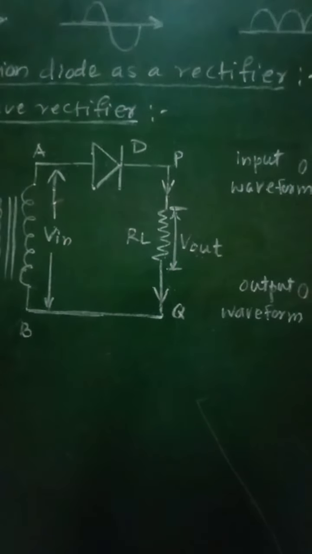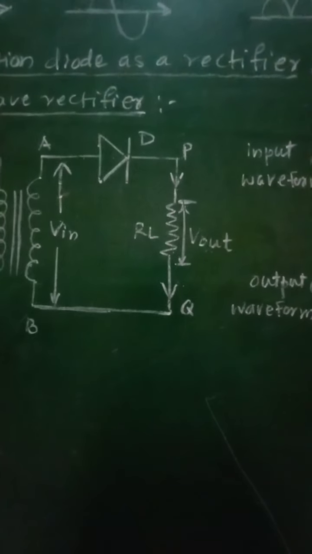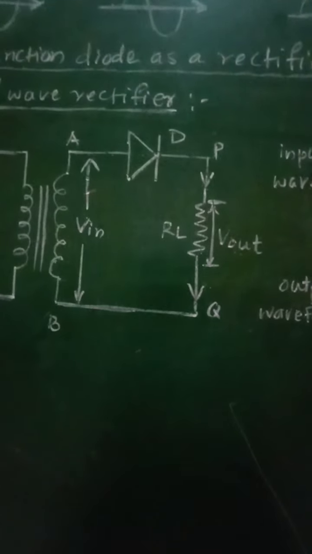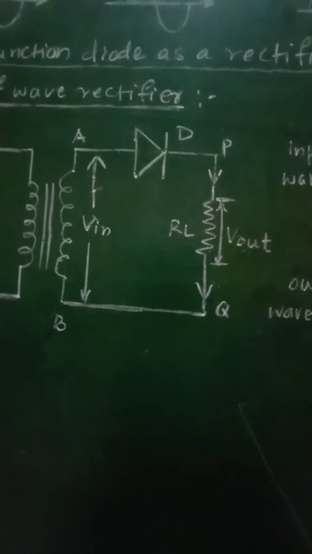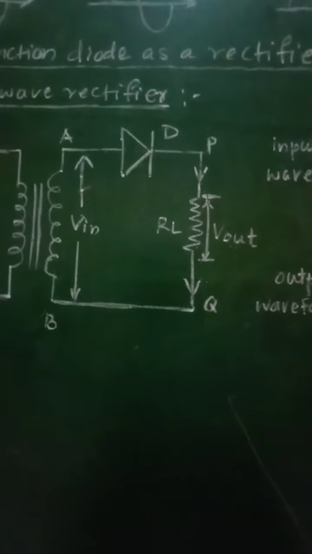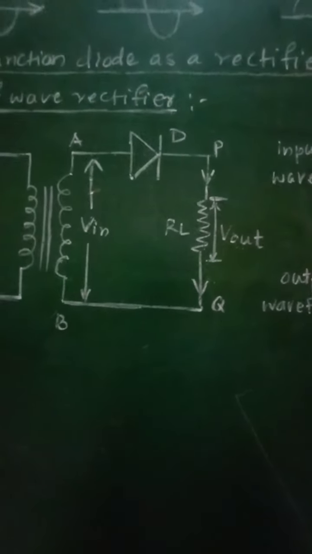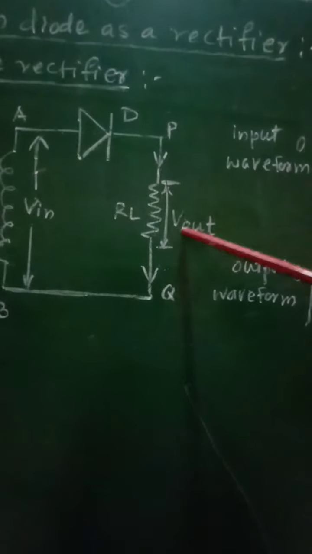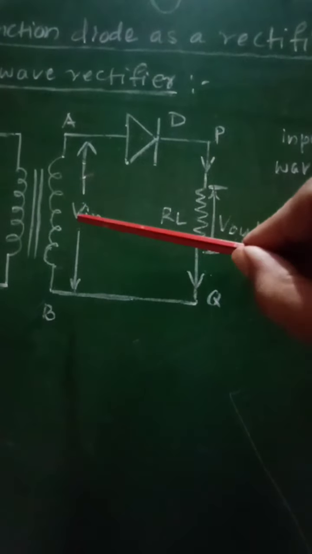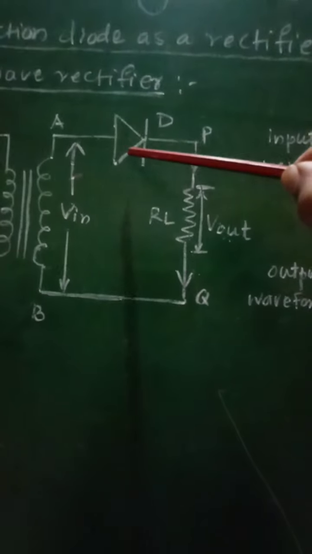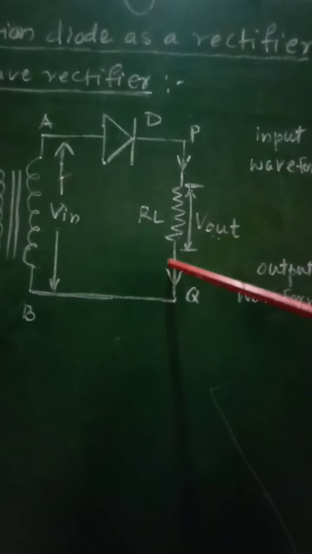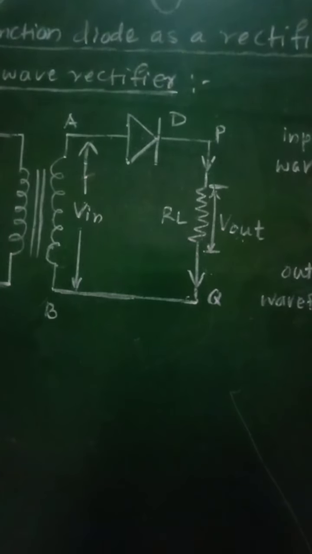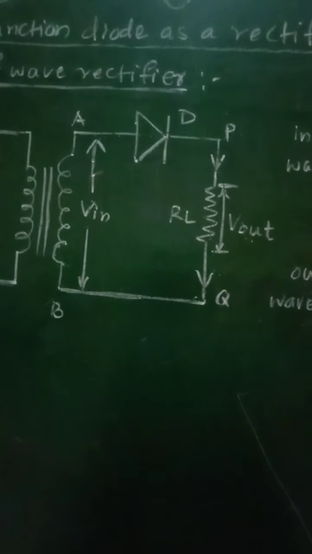Thus we can say that the diode conducts current only during the positive half cycle of the AC input, and it blocks the current during the negative half cycle. That means for each and every positive half cycle only, this diode will conduct current and hence we will get output. But during each and every negative half cycle, the diode will be reverse biased, so no current flows through this load resistance RL and we will not get the output across it.